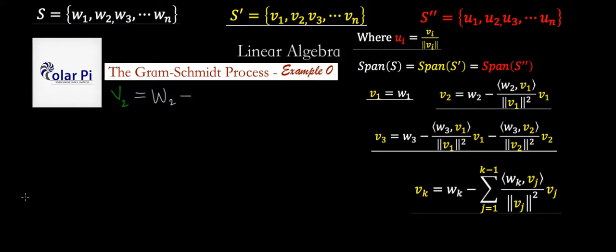In a video I've already made, I show that the inner product between W2 and V1 has to equal the norm of W2, that's the length of W2, times the norm of V1 times cosine of theta. I've already made a video proving this, and I'll try to link that video below this video. But the point is that this here is equal to this.